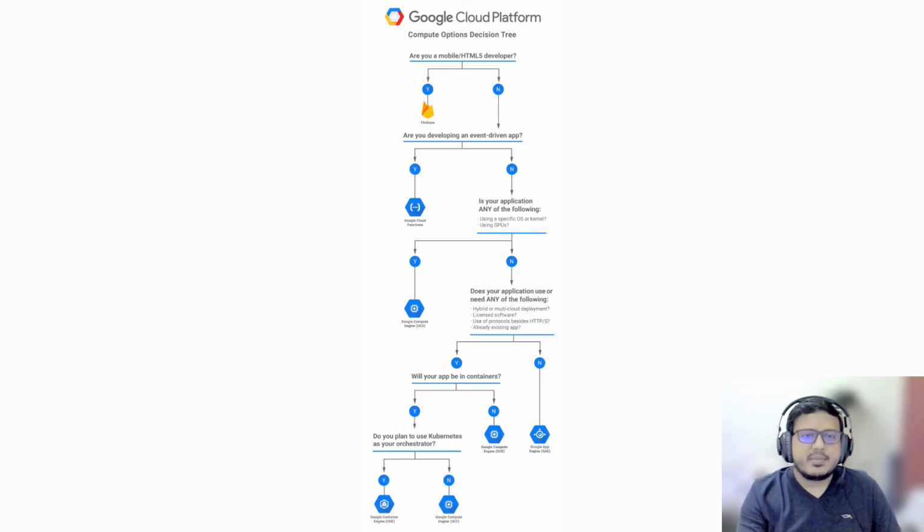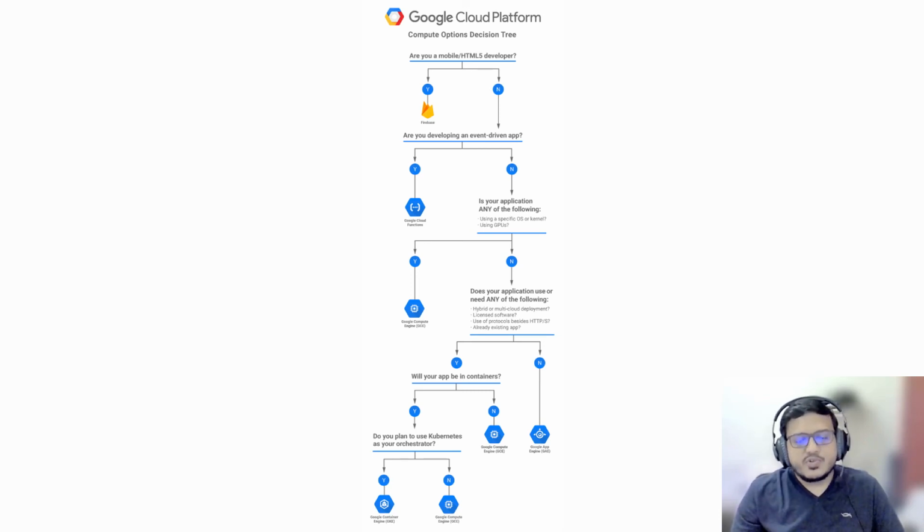And apart from that, there is a built-in App Engine service called Memcache, which you can also use for caching if you want a dedicated cache out of the box. So that is all about App Engine that you should know before you start using it.